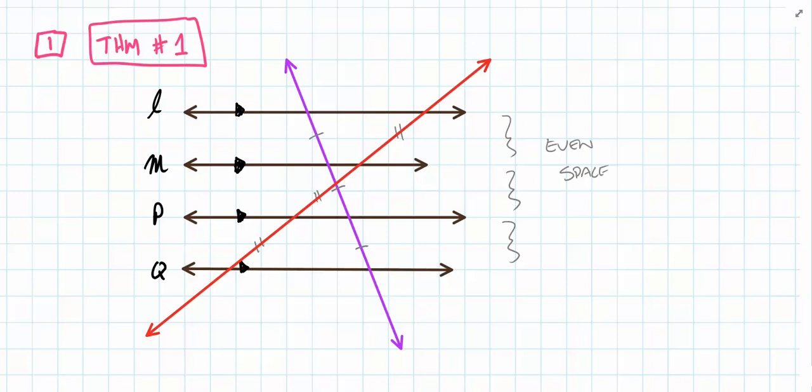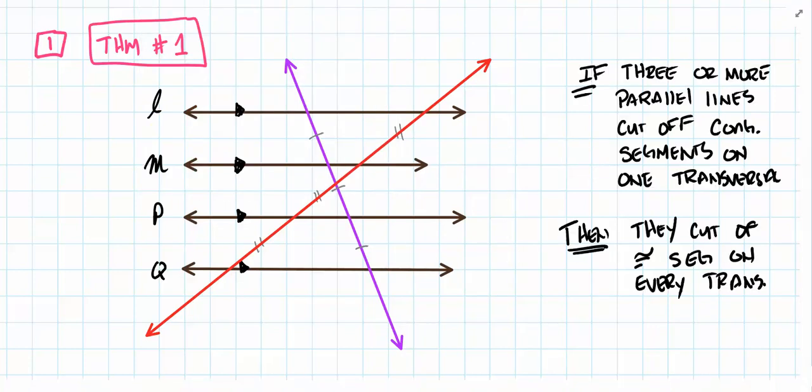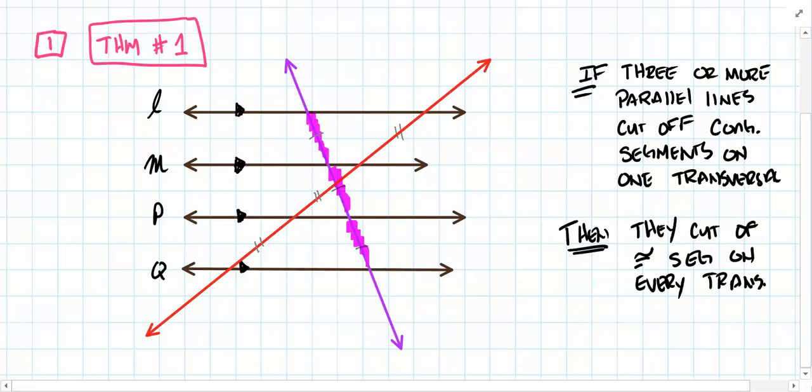So we're going to write that out. If 3 or more parallel lines, so my lines are L, M, P, and Q, cut off congruent segments of one transversal, the purple one, so these are the congruent segments I'm talking about, this congruent segment, this congruent segment, this congruent segment, then if that happens for one transversal, the theorem says it's going to happen for every transversal, such as the red one or any other line I could draw.